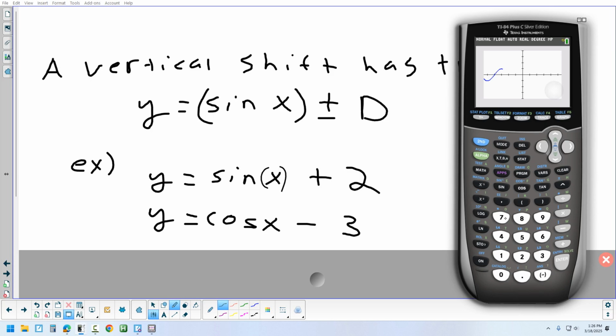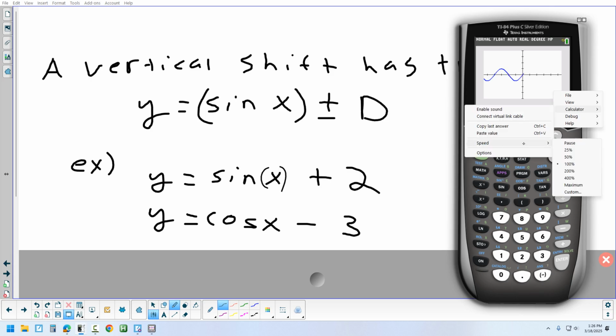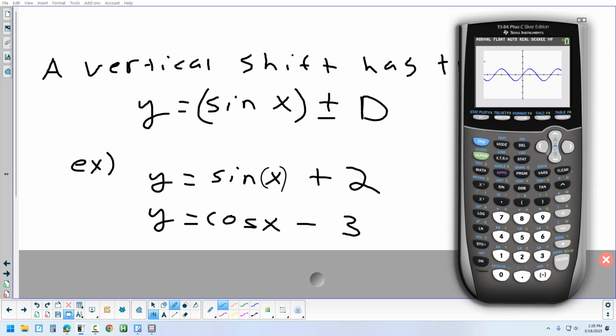So there's the original. And a plus 3 does move it up 3. So today the transformations are not backwards. Yesterday a plus moved it to the left and a minus moved it to the right. That's the opposite of what you would normally think to do. But in this case, plus moves it up.